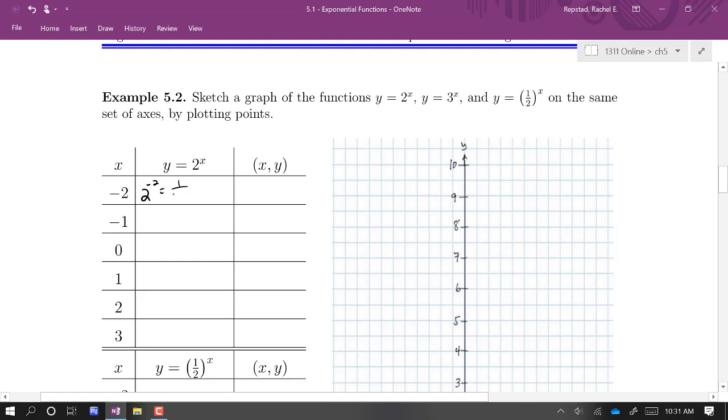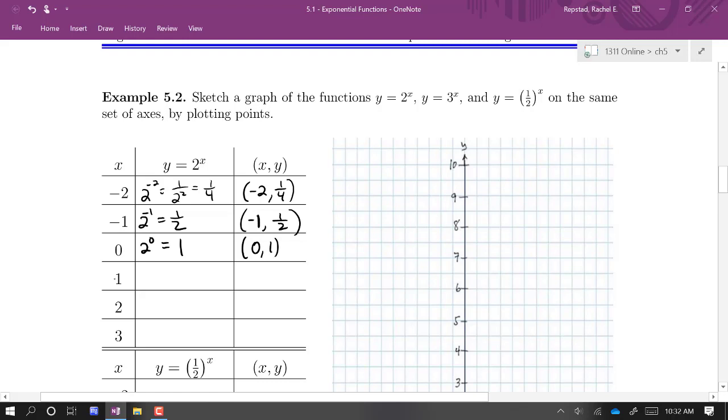We know that's 1 over 2 squared, or a quarter, and that'll give us the point -2, 1/4. On the next one, 2 to the -1, that's 1/2. So we have the point -1, 1/2. When x is 0, we've got 2 to the 0, which is 1. So that gives us the point 0, 1.